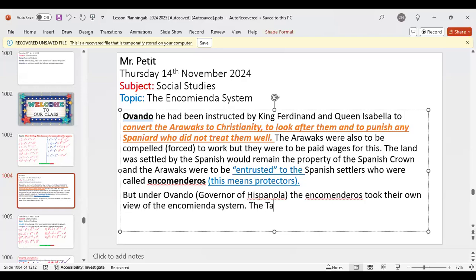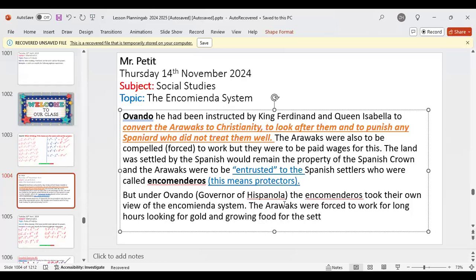The Tainos. Okay, I'm just gonna put they call them the Tainos, but they're Arawaks. The Arawaks were forced to work for long hours, looking for gold and growing food for the settlers.